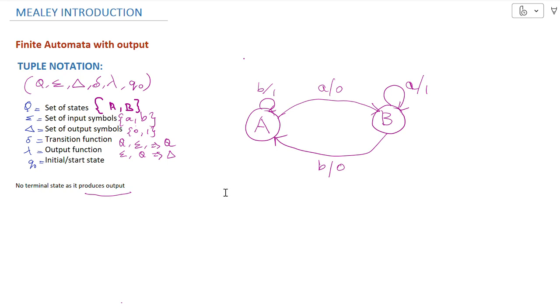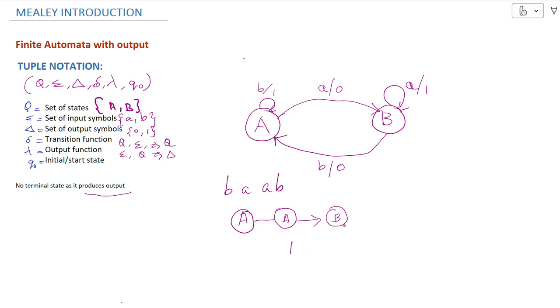Now let us take an input, for example, b, a, a, b and check. Initially it will be in state A. After getting the input b, it will move to state A itself, because the transition is like that. So your output will be 1, and once again it receives the input small a and moves to B. So this is the state change.